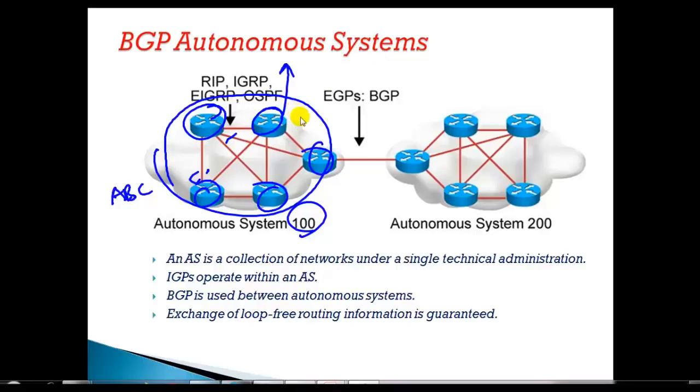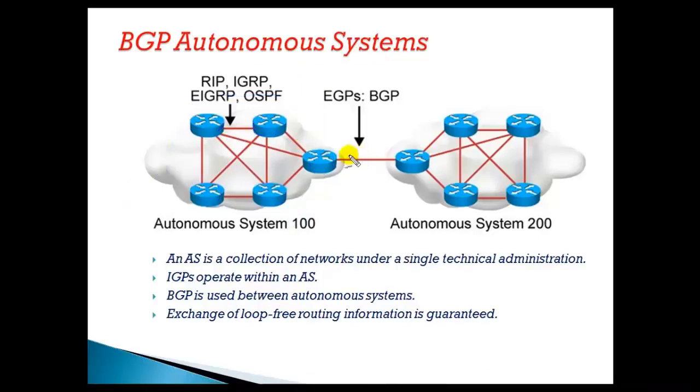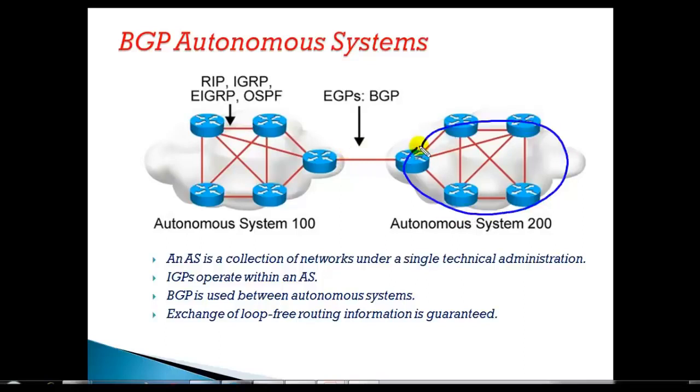Okay, now the next thing is, in a similar way we can have multiple autonomous system numbers, and if you want to communicate within the same autonomous system number or within the same organization, generally we use IGP protocols, like whatever protocols we learned in our previous videos in the basic CCNA, CCNP videos.